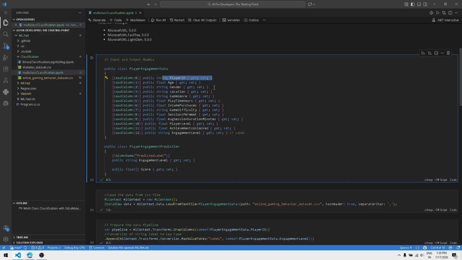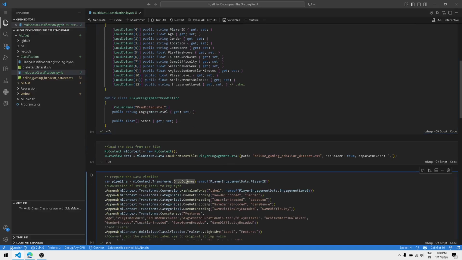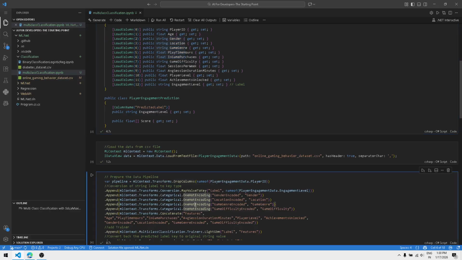That's why we remove the player ID during training. Here you can see the drop columns, and then all the strings need to be converted into one-hot encoded categorical columns, and numeric columns we keep as they are. So all the strings are already handled, but the numerical ones. Got it. That's the problem, guys.